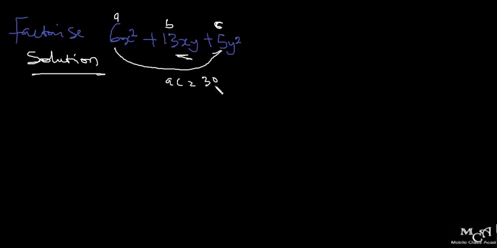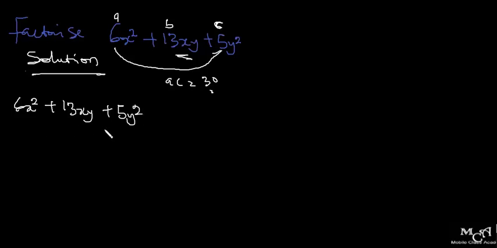30. So if our AC is 30, then we need to look for 2 values from this AC that when added will give us plus 13. Now, solution. 6x squared plus 13xy plus 5y squared.